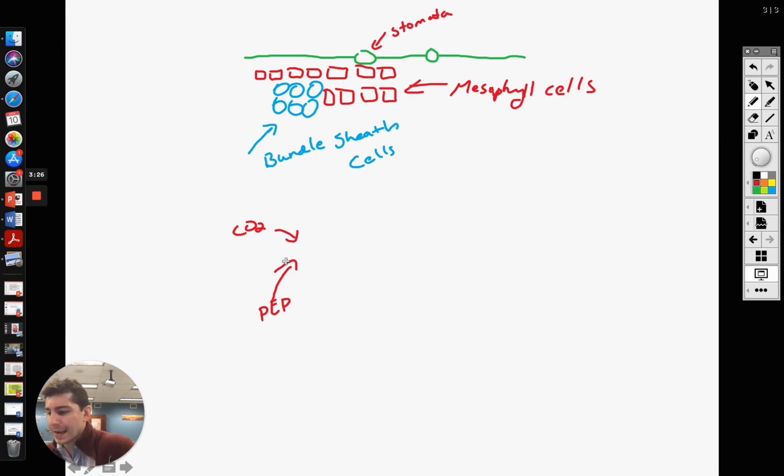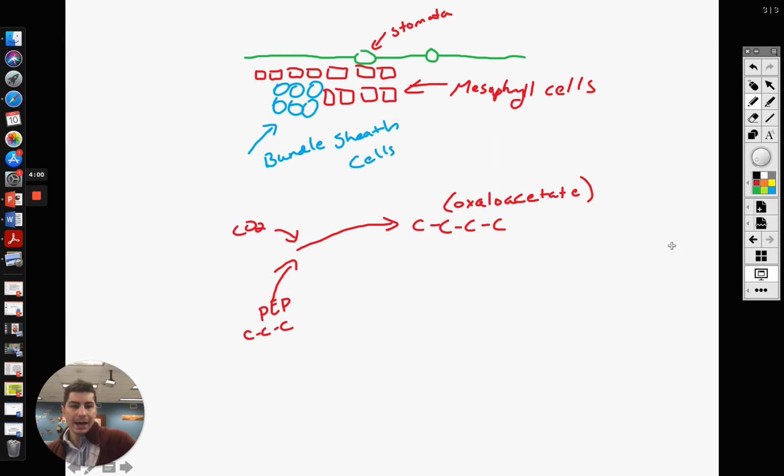Okay. And what that's going to do is it's a 3-carbon molecule. So 1, 2, 3. What's going to happen here is it's going to combine with our carbon dioxide to form a 4-carbon molecule. So when these two combine, we are going to get 1, 2, 3, 4, a 4-carbon molecule called oxaloacetate.